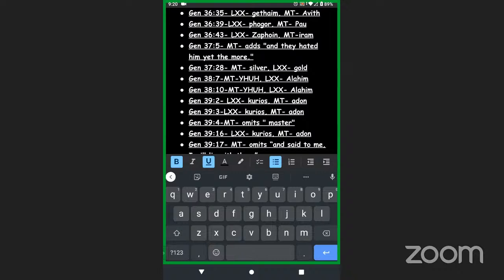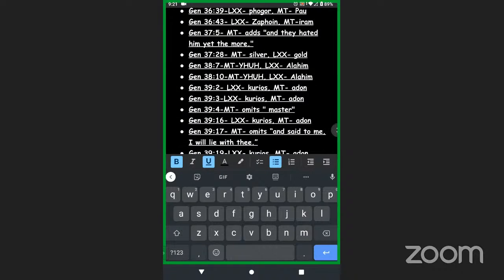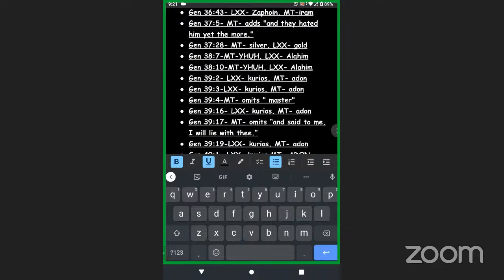Masoretic text has Avith. Chapter 36, verse 39, Fagor is in the Septuagint. Pa'u is in the Masoretic text, which is weird. Genesis 36, verse 43, LXX has Safuin versus Masoretic text, Iram.